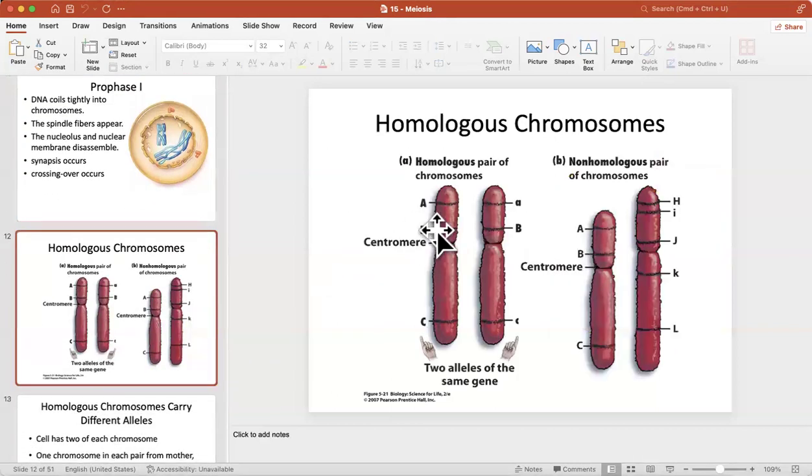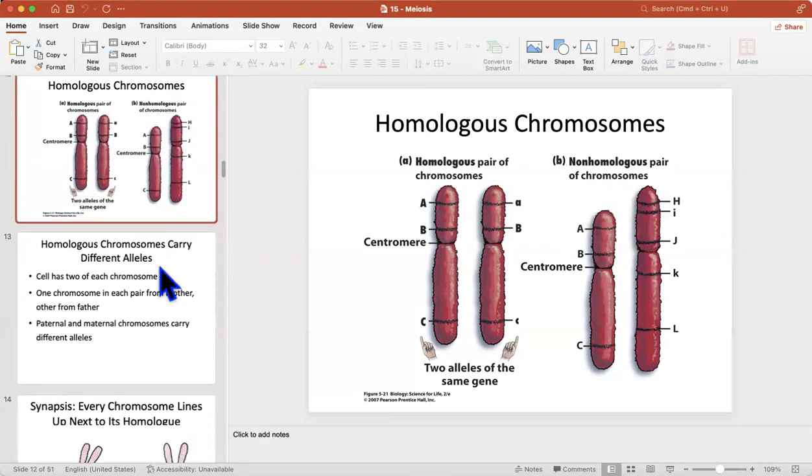So let's review the chromosomes. Remember we talked about homologous chromosomes: we have two alleles, and they carry the same gene, that's homologous. We also have the non-homologous, the sex chromosomes like X and Y, which don't carry the same genes.